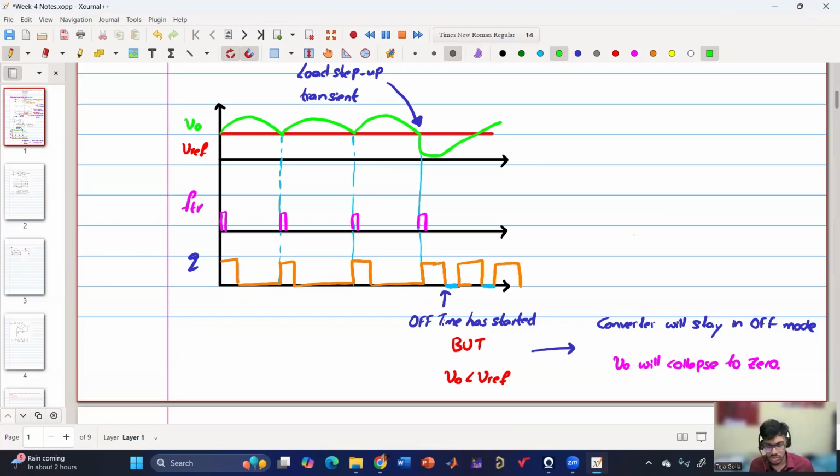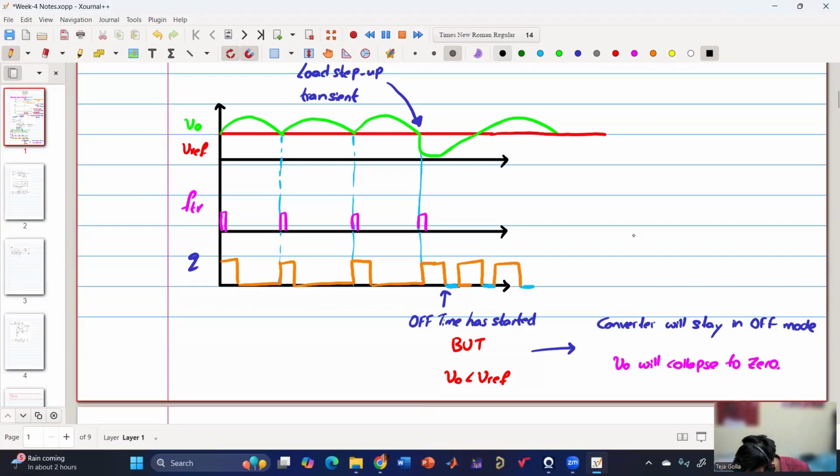Once it has crossed, after the minimum off time I will check whether V naught is less than V reference or not. But it is above V reference, so I will not force anything because it is bound to come down. Now it will go in its normal dynamics, and then it hits here.